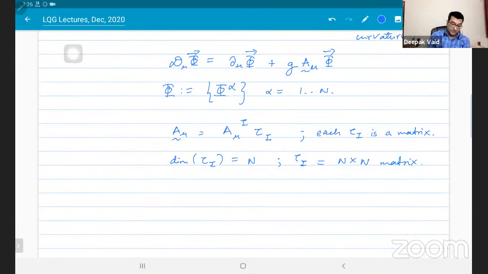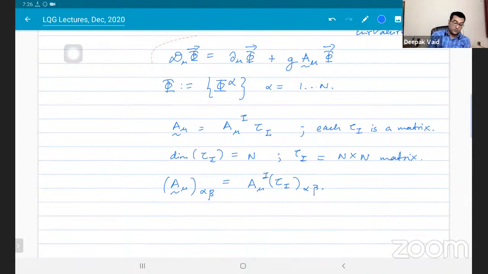So then what is my connection? This connection is actually a matrix, right? So I should put 2 matrix indices on here: A mu i, tau i, alpha beta. Okay.